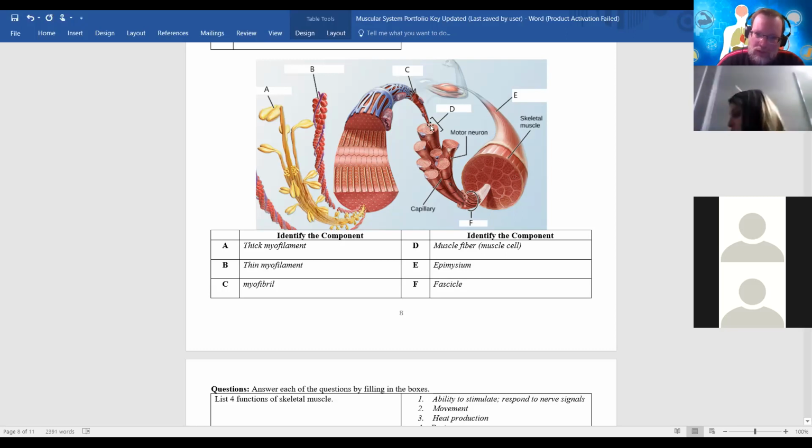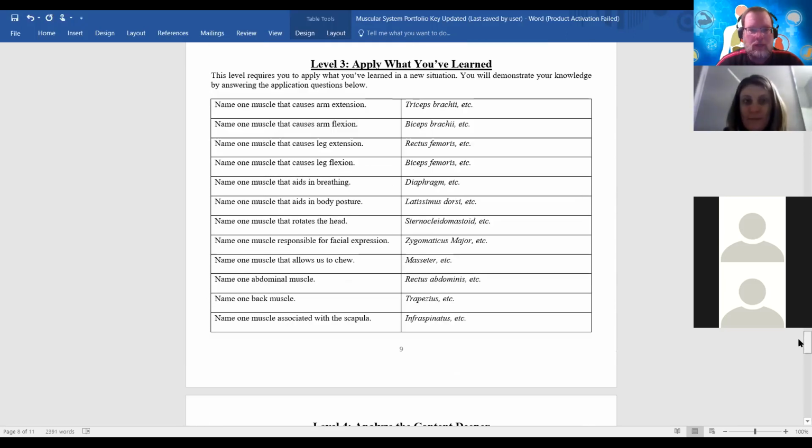We see there's even smaller bundles within those fibers. Those are myofibrils. And then finally, we get to the smallest level of muscle filaments. We have the thick filaments and the thin filaments. So filament, fibril, fiber, fascicle. Yeah, anyway, a lot of alliteration in A&P.